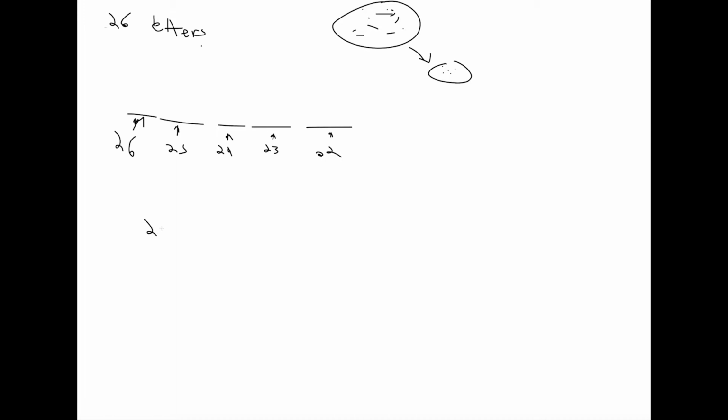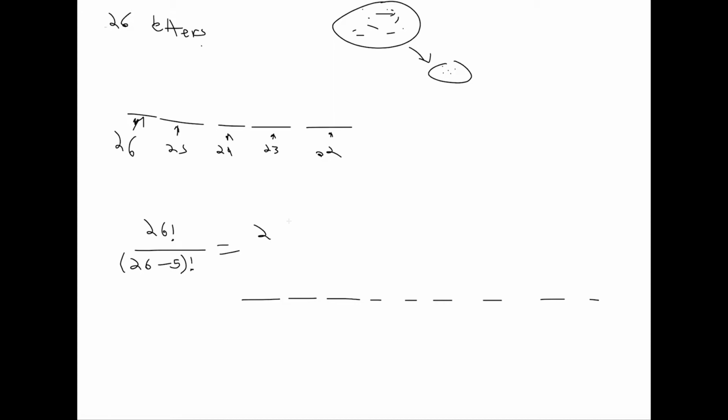So this can actually be represented by 26 factorial divided by 26 minus 5 factorial. And this kind of makes sense because the 26 factorial is assuming that you have 26 positions. But when we divide it by this 26 minus 5 factorial, what's 26 minus 5 factorial?